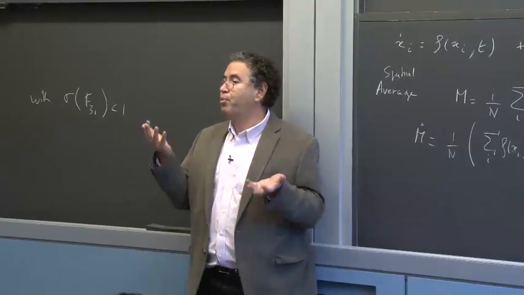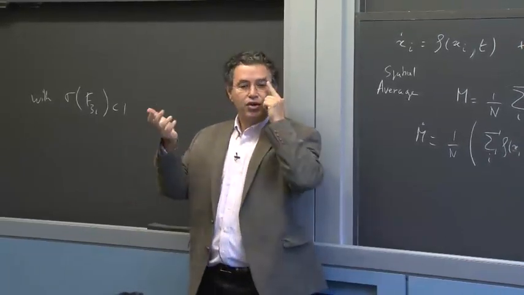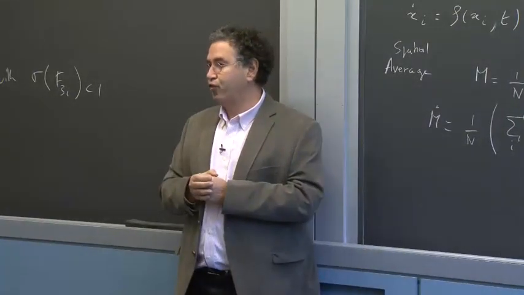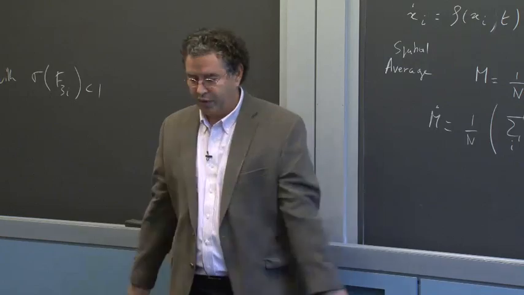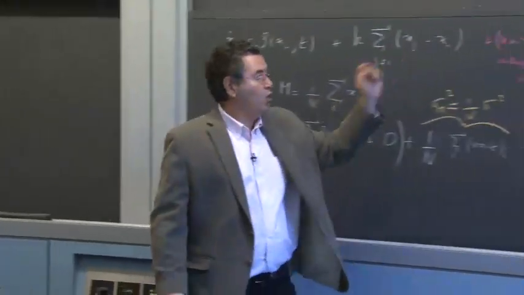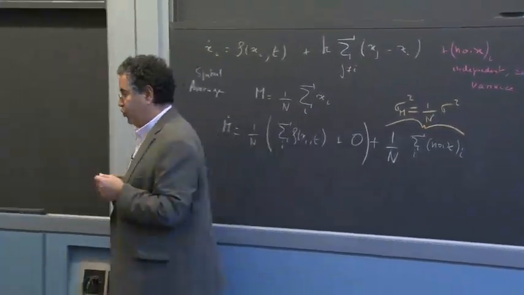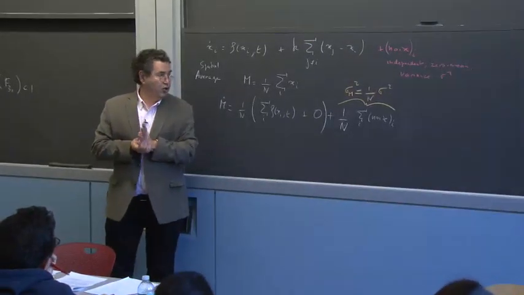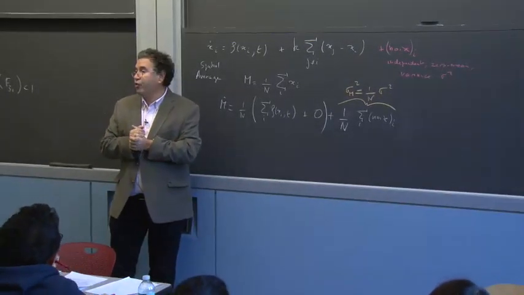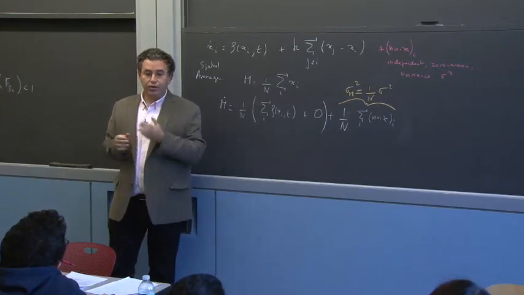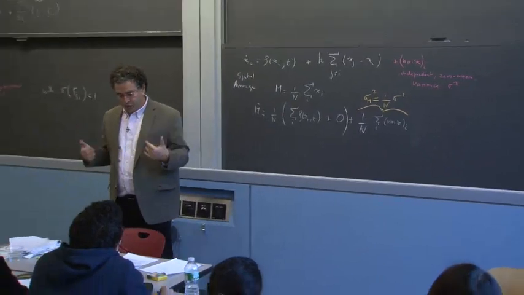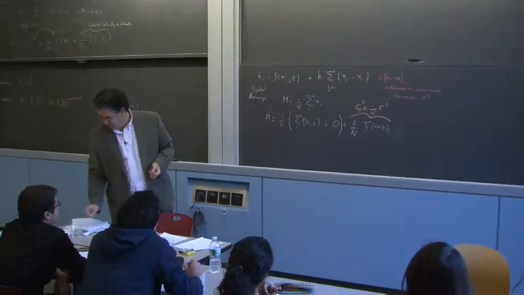You mix them up, according to how much value you give to each measurement, and that has to do with how much variance each of these measurements is supposed to have. Here we have measurements which are independent and all have the same variance. So when you take the average, you divide the variance by n, and you divide the standard deviation, which is the square root of the variance, by the square root of n.